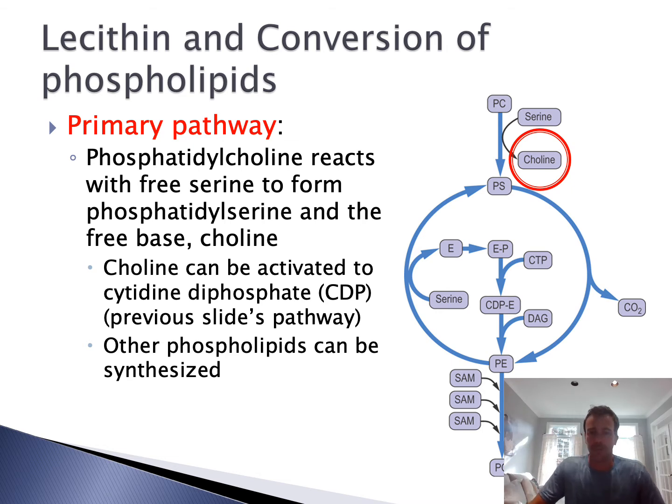You can also get conversion of phosphatidylcholine to phosphatidylserine by what's shown here by this primary pathway, where you get phosphatidylcholine to react with free serine to form phosphatidylserine, and then you release choline as the free base. This choline can be activated to CDP choline, which was shown on the previous slide, and other phospholipids can be synthesized in this pathway as well.